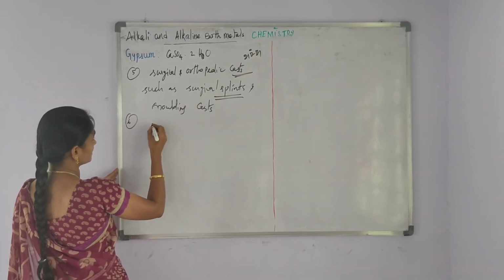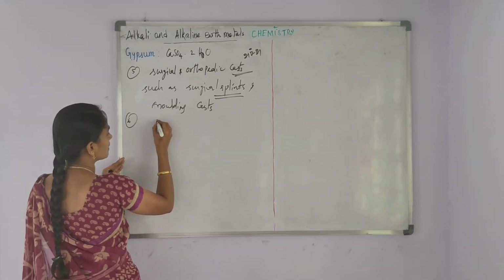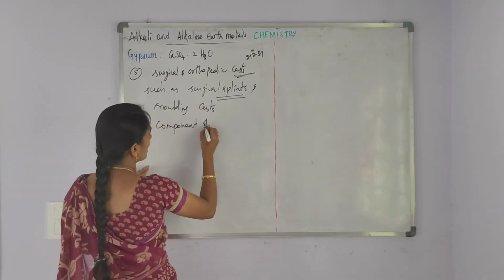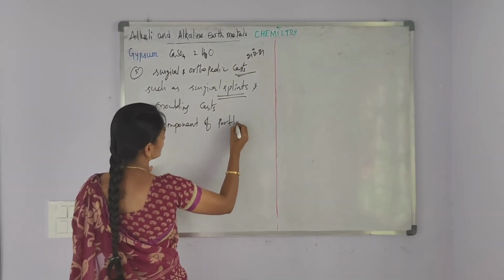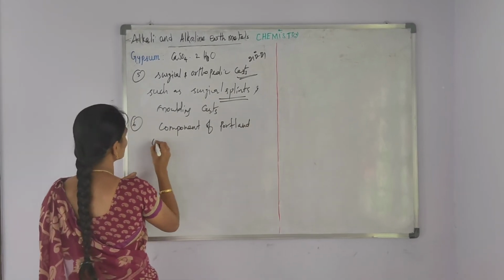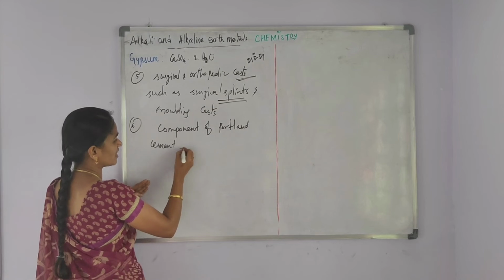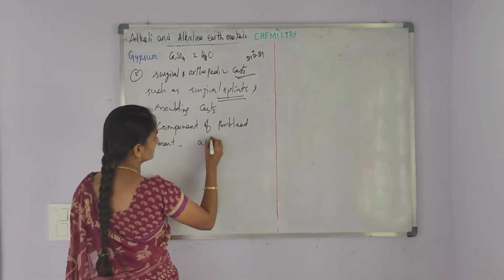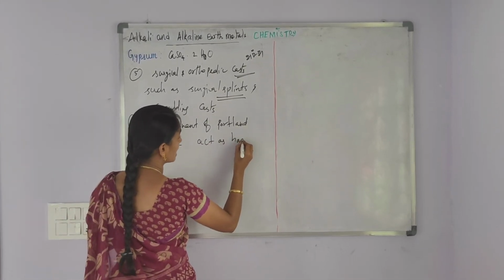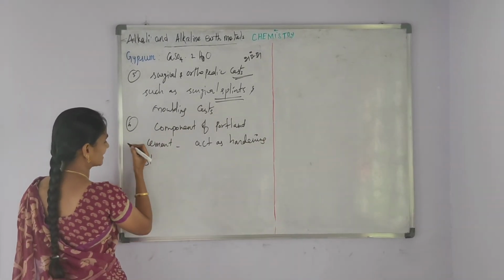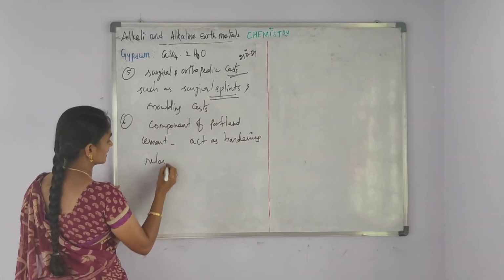Our next use is that gypsum is a component, one of the parts, of Portland cement. Why is gypsum used as a component of Portland cement? Because gypsum acts as a hardening retarder.